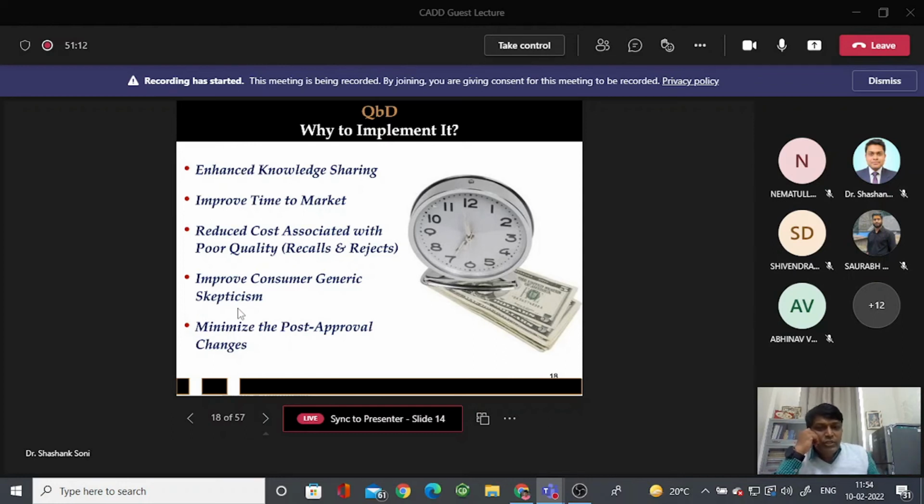So if these generic drugs are developed with the help of QbD, then this skepticism of people about the generic products can be counteracted, it can be taken care of. It minimizes the post approval changes. Obviously, if you want to change anything, then you also have the confidence to change things in a proper manner.